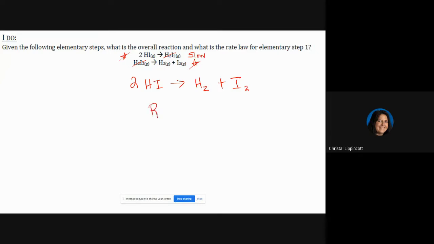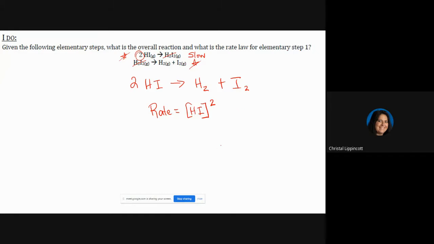So the rate law is going to be rate equals what? HI, how many? 2. I've got to have those 2 things collide together to make that happen.